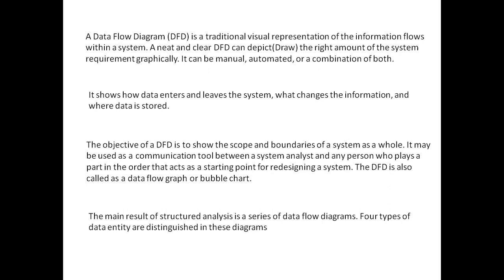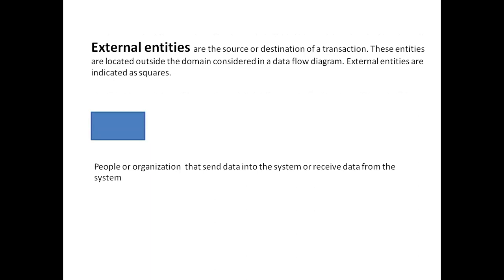There are 4 types of data entities distinguished in this diagram. The first entity is the external entity. External entities are the source or destination of the transaction. External entities can be people or an organization that sends or receives particular data.